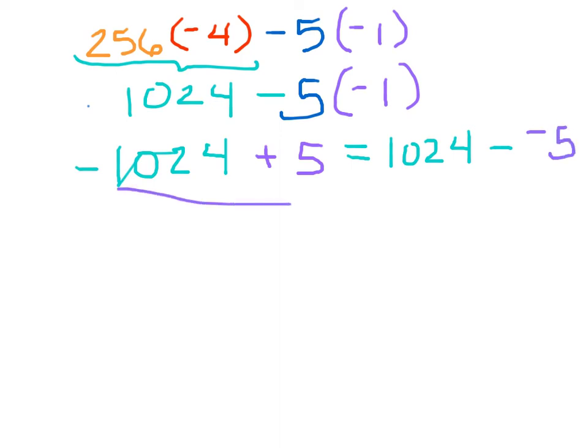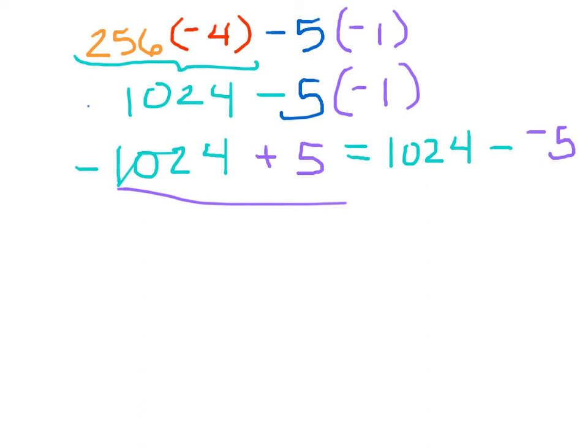So those are identical. Or I could have said it was minus +5 times -1, in which case I have minus a -5, which is +5.